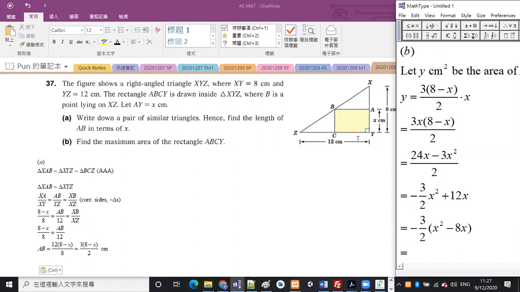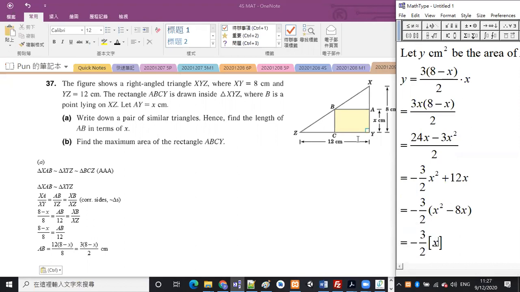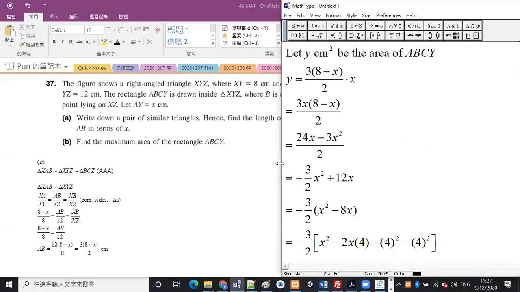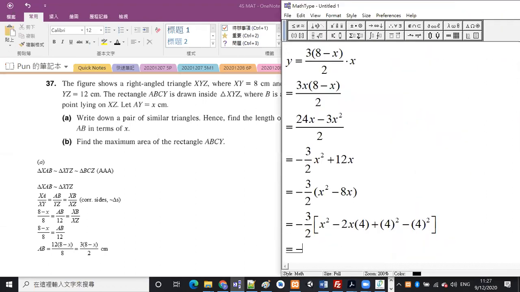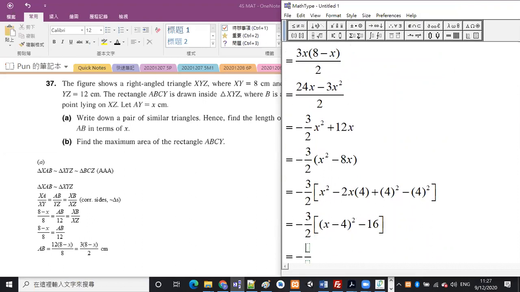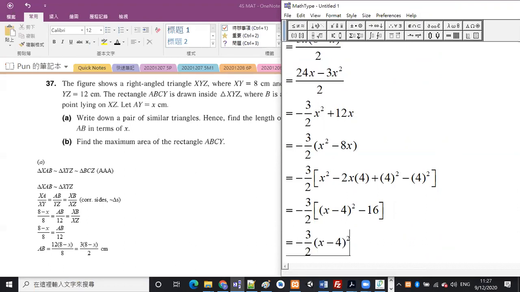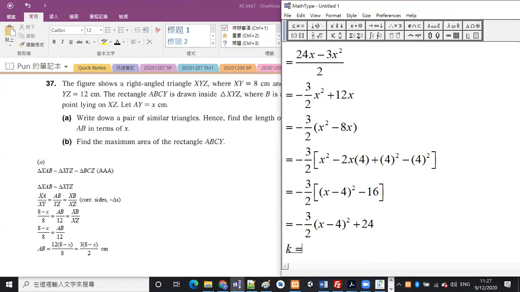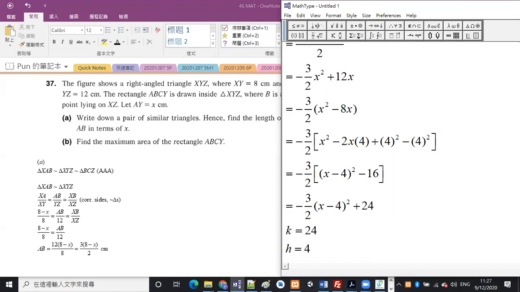Okay, and then x squared minus 2xy, and y will be 4 here, and then plus y squared minus y squared. Okay, and the first three terms become a perfect square, (x minus y) bracket squared minus 16, and then this will be plus 24. Okay, so the k value will be 24 and h value will be 4.